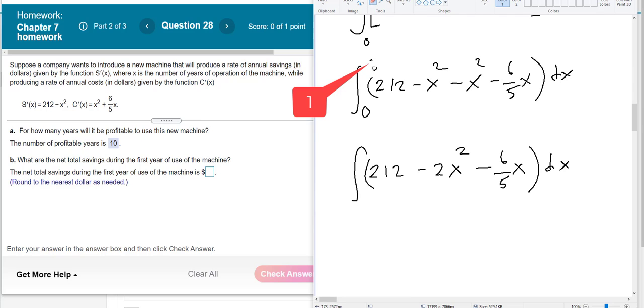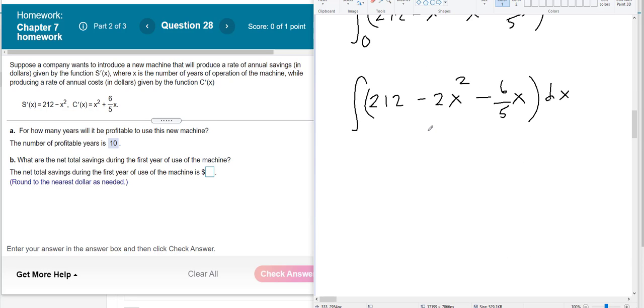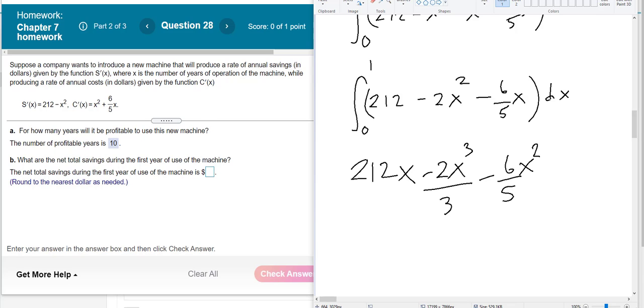Now I'm ready to take the integral, and it's not 0 to 0, sorry, we're going out to the first year, so that should be a 1 right there. So we're going from 0 to 1, right? So 212x minus 2x to the third over 3, add 1, divide by the power, minus 6/5 x squared, I've got to put a 2 in that denominator.